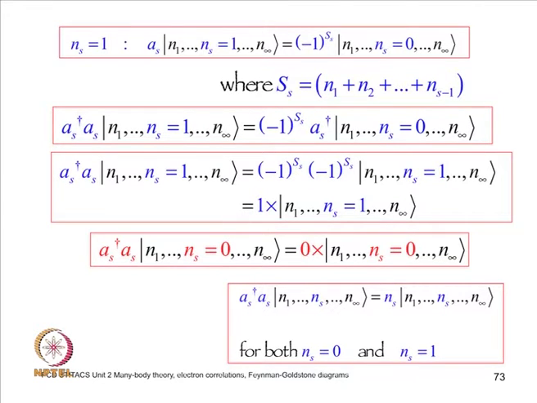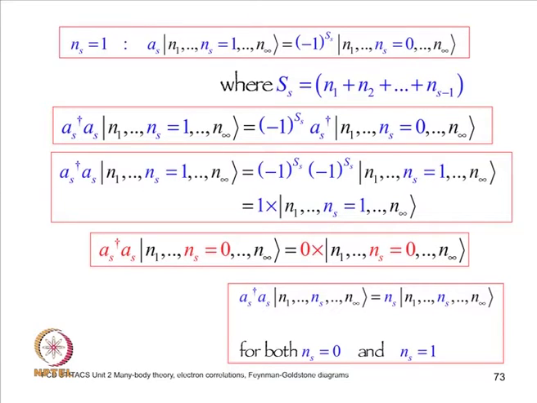So, this is the eigenvalue of the number operator, it is either 1 or 0, we already know that, right. So, in this case it is equal to 1, and if it is 0, then you will get ns equal to 0, you will get the same state, it will not be changed, and essentially what you find is that the destruction operator would give you a 0 and you will get the eigenvalue to be 0.